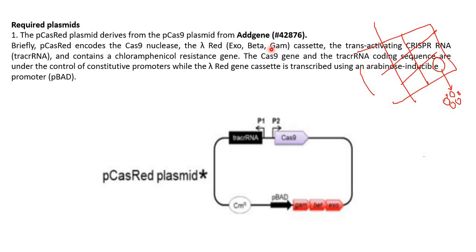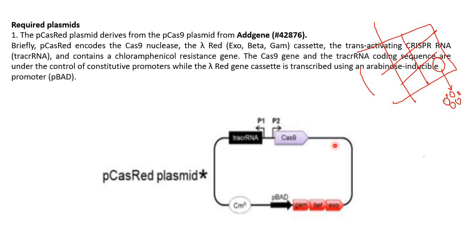So what is this plasmid? One more time. It has the chloramphenicol resistance gene. It has the REC genes which are under the control of the PBAD promoter. Why is it the PBAD promoter? Because this is the arabinose inducible promoter. What happens is arabinose inhibits the enzyme sucrase, so sucrose is not converting to glucose, and in the absence of glucose, bacteria may die.